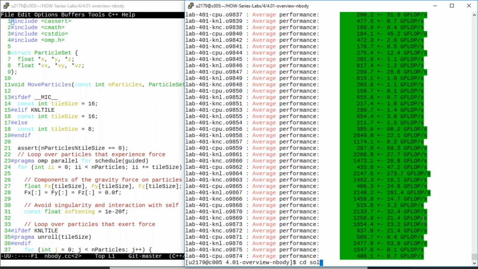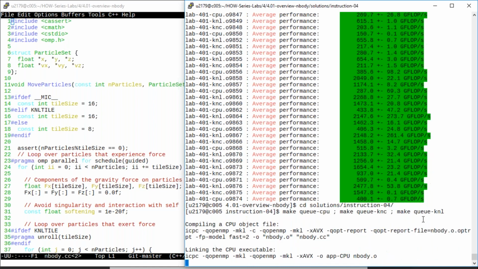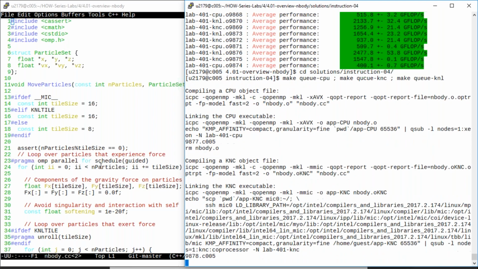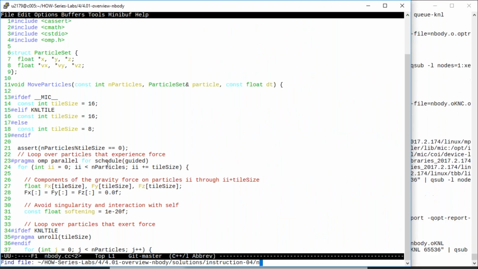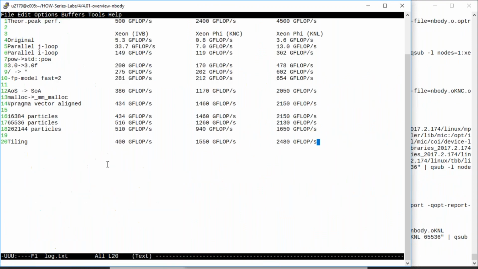But if you want to see how it works, go to Solutions Instruction 4, run the same exact command, and we will see the performance results in a second. So, platform-specific tuning. So, tune tile plus unroll.